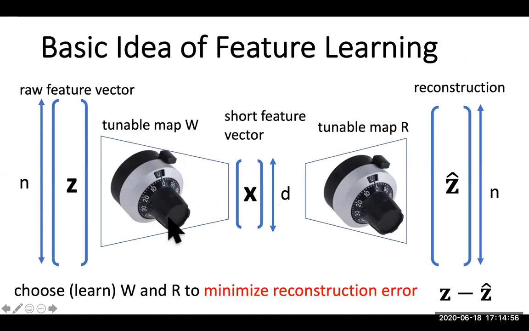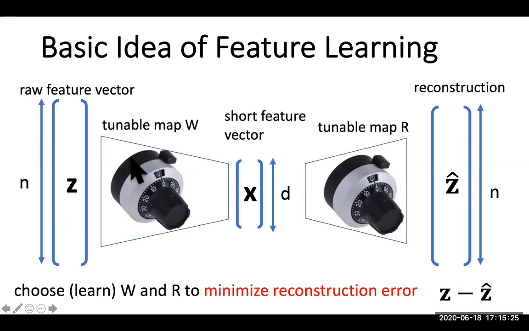And we choose this map or the tuning parameters such that we can find another tunable map such that the reconstructed feature vector deviates only little from the original raw feature vector. This might sound a bit abstract, but let's look at particular examples.